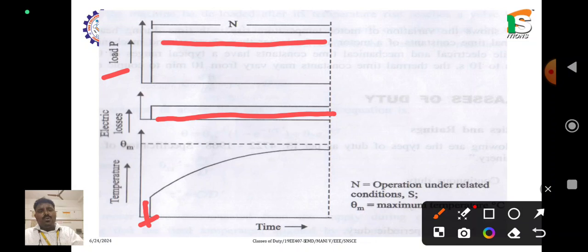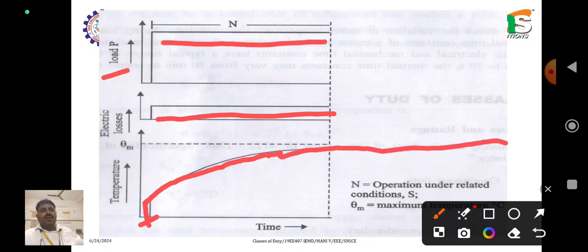After that, based on the continuous operation of the drive, the temperature increases slightly. After a certain duration, the temperature is almost constant. It won't exceed that value. That is nothing but the maximum temperature.